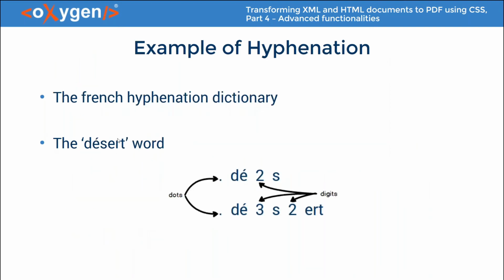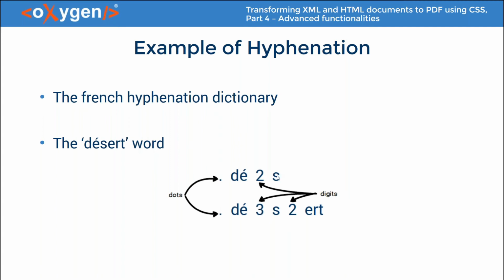Back to my case, the dessert word, I have two rules. The rule starting with a dot means that the word must start with this syllable. Then as I have a conflict, I put the bigger value, the 3, meaning that this point can be used for word wrapping.